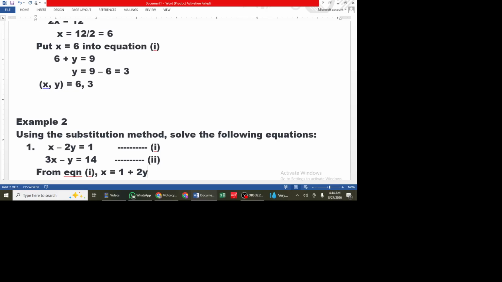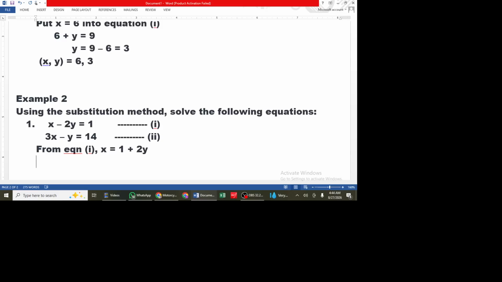Anywhere you see s in the second equation, you replace it with 1 plus 2y. Then in the second equation, 3s will now be 3 into bracket 1 plus 2y, then minus y is equals to 14. Then you open the bracket. 3 times 1 will give you 3. 3 times 2y will give you 6y. Then minus y is equals to 14.